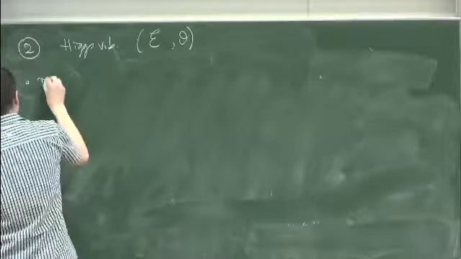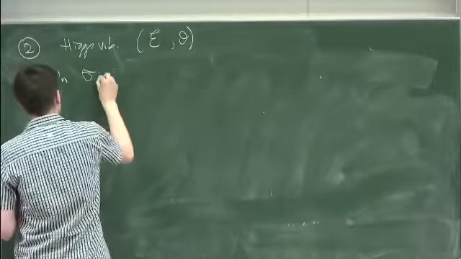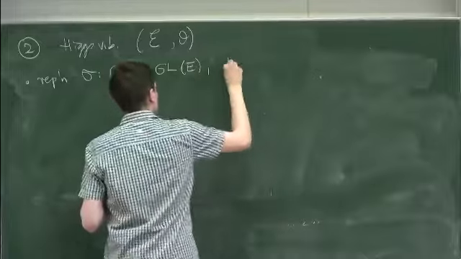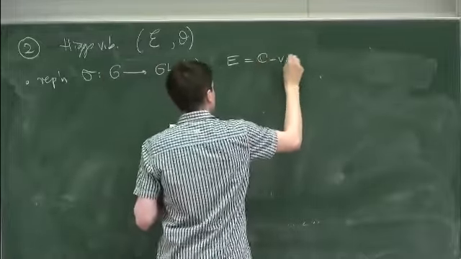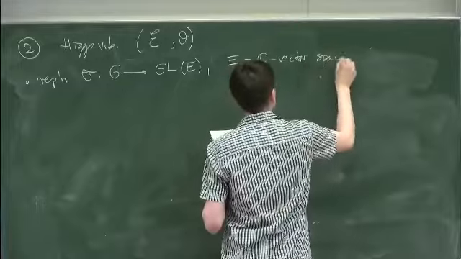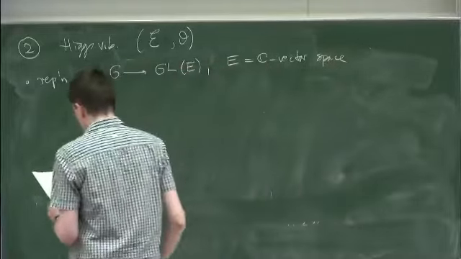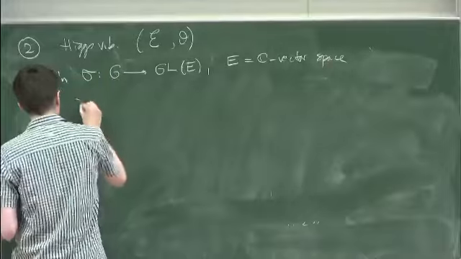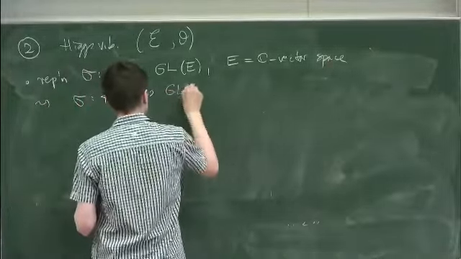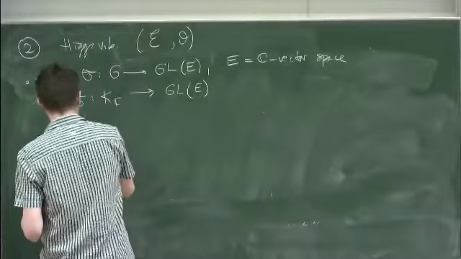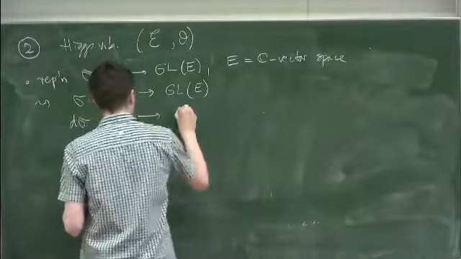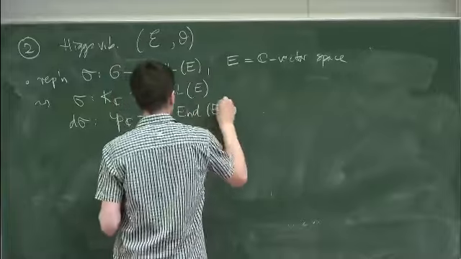So we have to fix a representation sigma of our Lie group G into some GL of some complex vector space E. And this induces a representation of K_C just by complex extension, and also an infinitesimal representation of P_C into the endomorphisms of this vector space E.